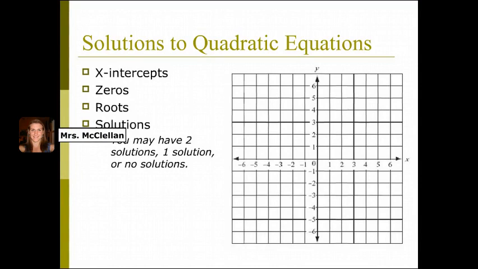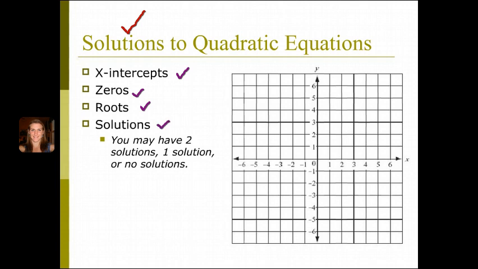Okay, so there are many different words that they could use when asking for the solution to a quadratic equation. So if you're reading a question on the SOL, be on the lookout for these different words. They could say the x-intercepts, the zeros, the roots, and of course solutions.